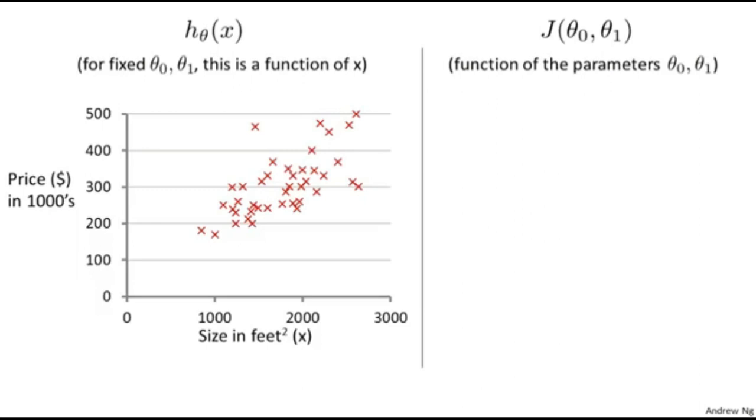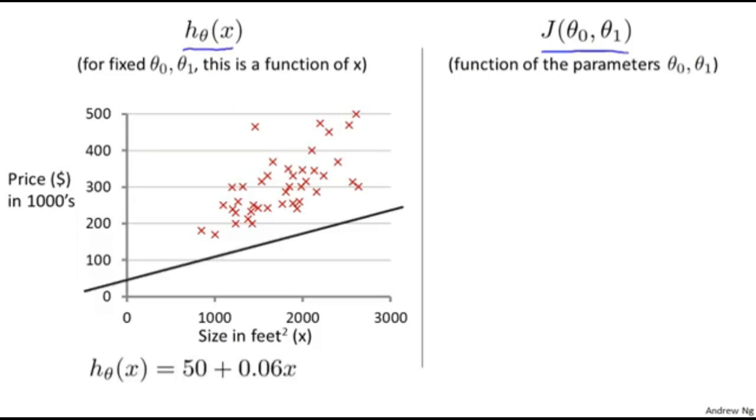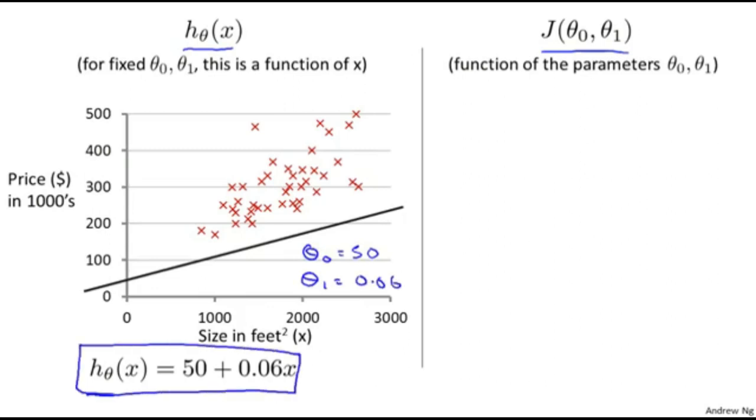So, same as last time, we want to understand the hypothesis h and the cost function J. So here's my training set of housing prices. And let's pick some hypothesis, like that one. This is not a particularly good hypothesis, but if I set theta 0 equals 50 and theta 1 equals 0.06, then I end up with this hypothesis down here, and that corresponds to that straight line.